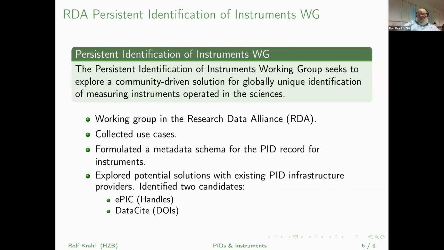As I said, I represent the Persistent Identification of Instruments working group. That was a working group in the Research Data Alliance. And what it did was it collected use cases, and based on these use cases, we formulated a metadata schema for the information to put into the PID record for instruments.